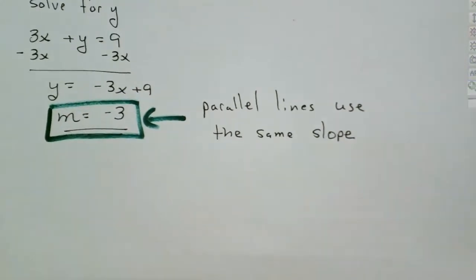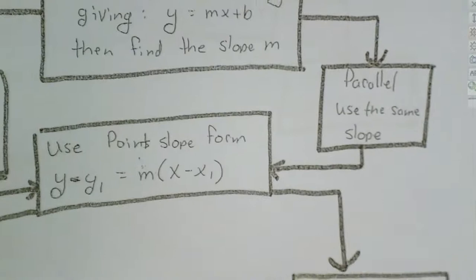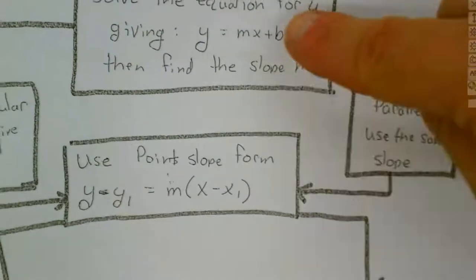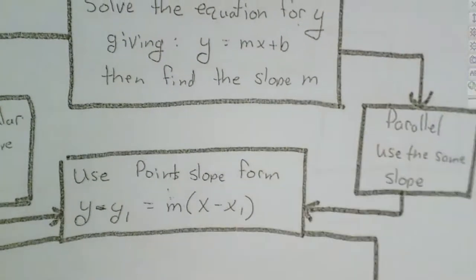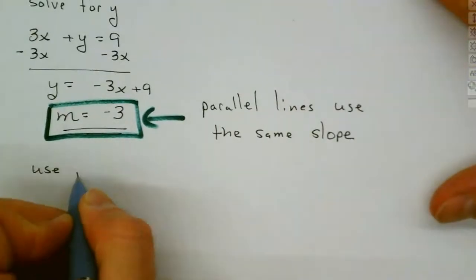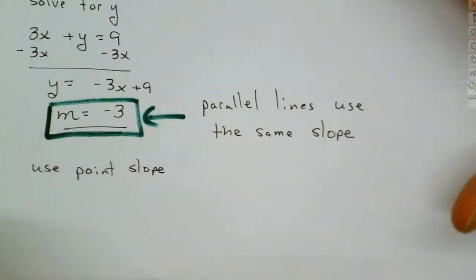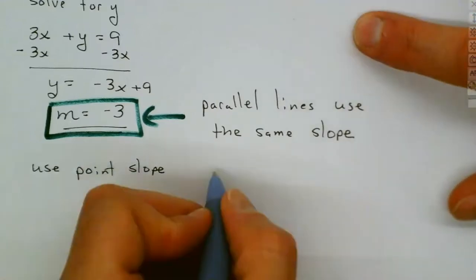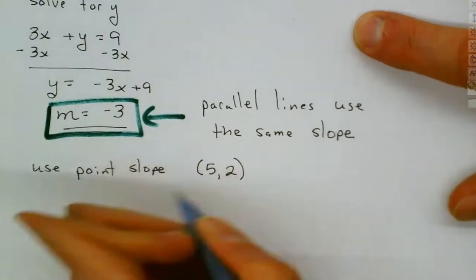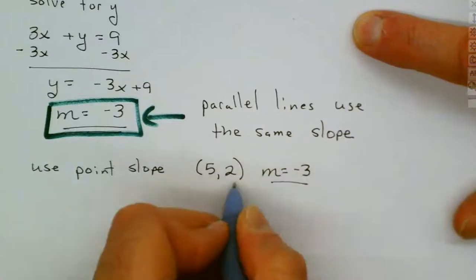Once we have done that, following our flow chart, all right, we went down the parallel side. What's next? We were here, followed it along. Where do we go? Point slope. Okay, so we're going to use our point slope formula. And what do we have? We have that point, 5, 2. And we have our slope, which in this case was -3.